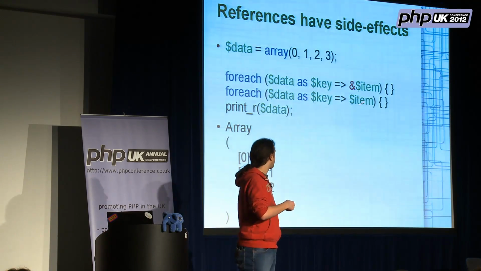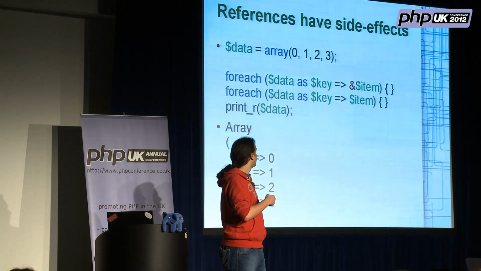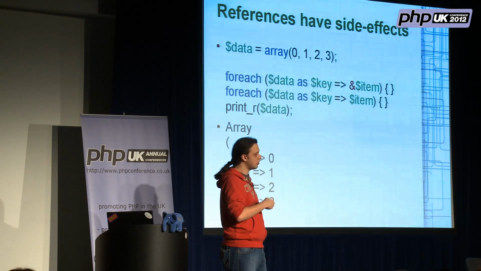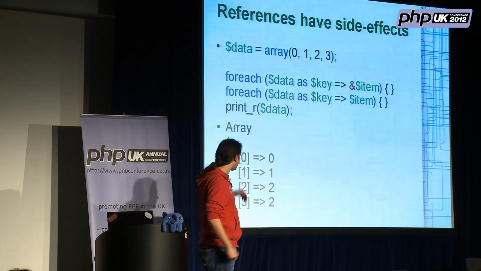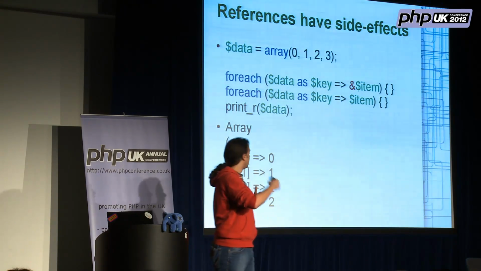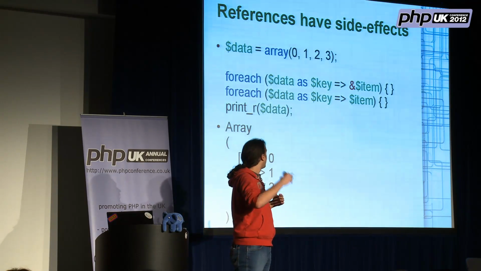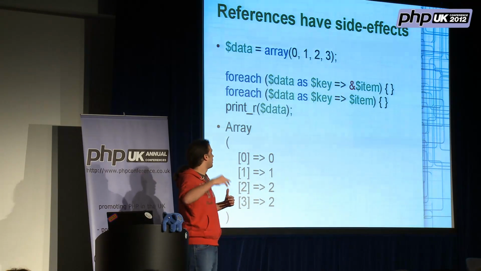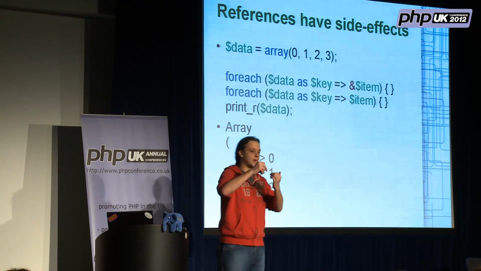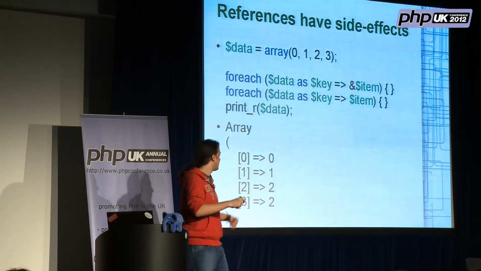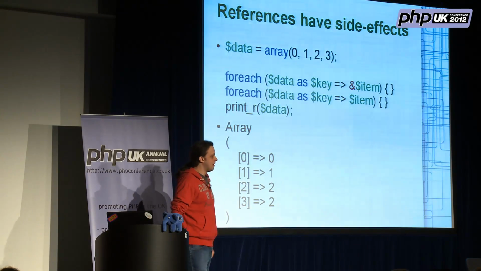So after the first step, the array will be 0, 1, 2, 0, since it's the reference there, pointing to each other. Then on the next step, it's 0, 1, 2, 1, and on the next step, it's 0, 1, 2, 2, and then it's overwriting itself by pointing to itself and keeping the 2 at the last element.